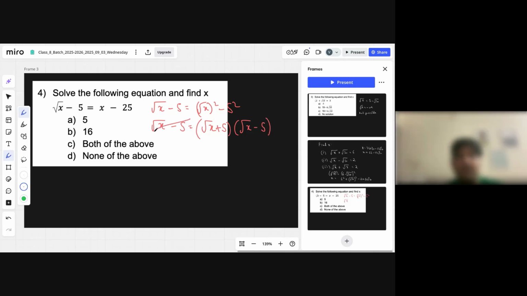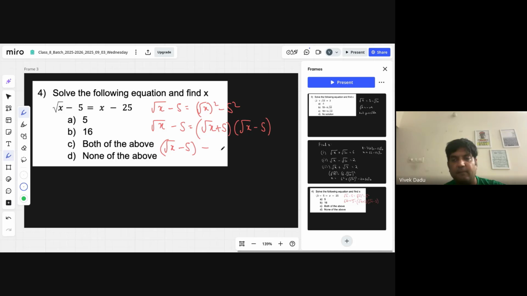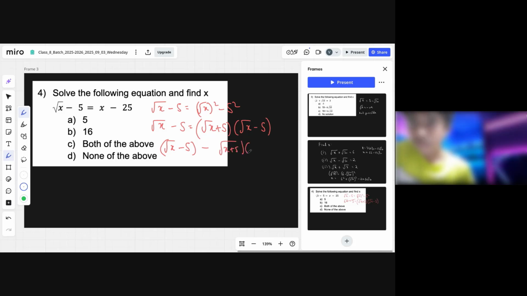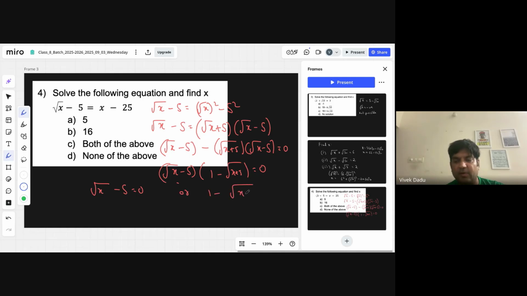Second, you need to realize that you can't cut this. Yes, sir. So you bring everything on one side. Now take root x minus 5 common. You get 1 minus root x plus 5 equal to this, right? Now you get two things. You get root x minus 5 equal to 0, or you get 1 minus root x plus 5 equal to 0. Yes or no?